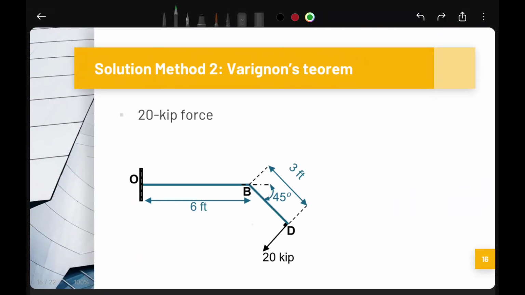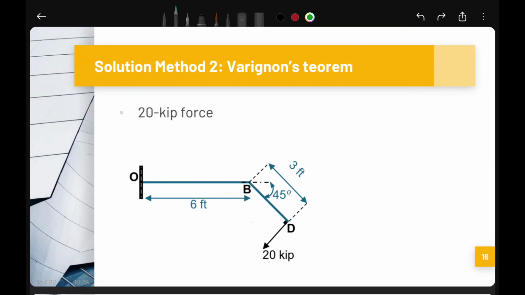The last force is the 20 kip force. We need to resolve it into rectangular components, and from geometry this is the x component, this is our y component. This angle is 45, also this angle is 45 degrees. So the x component is equal to 20 times cosine 45 degrees.